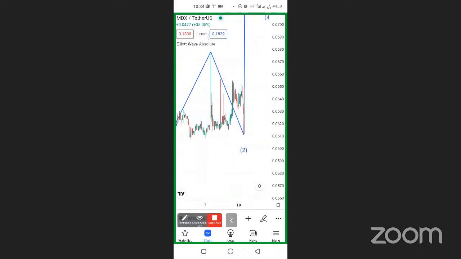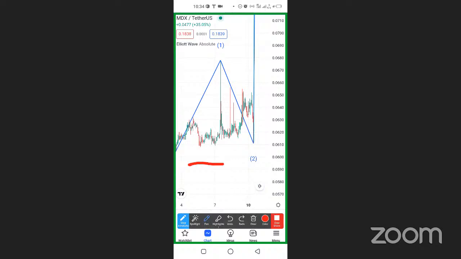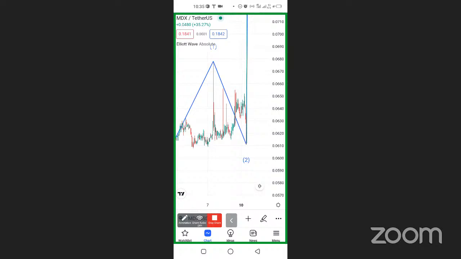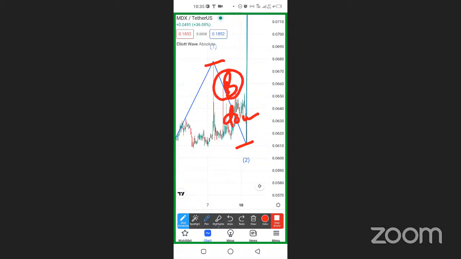Wave 2 is bearish. It starts from where 1 has stopped, because for this wave to give you clarity, it first forms the wave, then it numbers it. Now 2 is bearish, and you can see very clearly it moves down here. It means it's a downward trend.